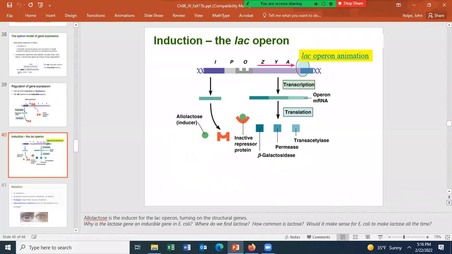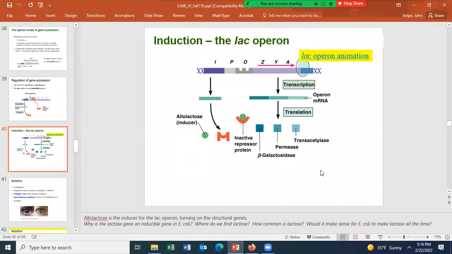But when it is around the sugar lactose, you need to have a mechanism for E. coli to turn on the gene. And that happens with an inducer. In the case of the lac operon, the inducer is allolactose, which is an isomer of the sugar lactose.